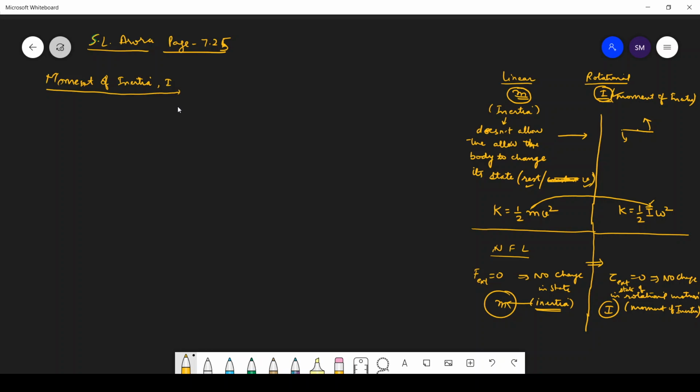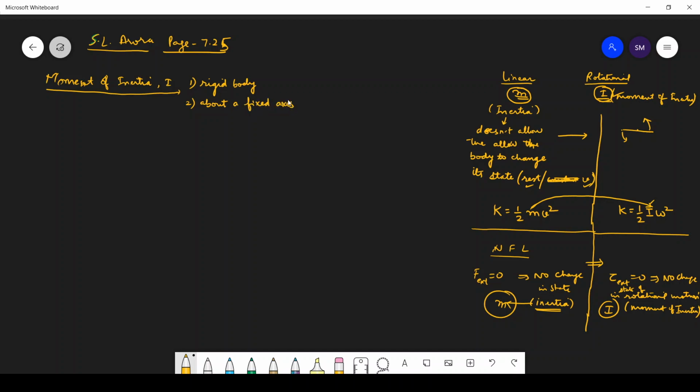Okay, so what is this moment of inertia? First of all, moment of inertia is of a rigid body. The body should be rigid, and it is about a fixed axis.